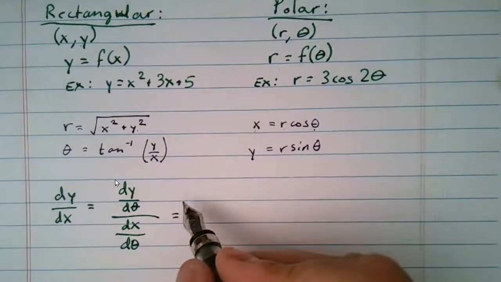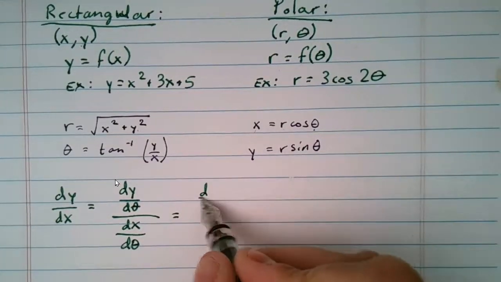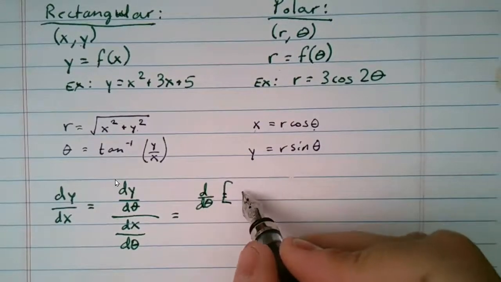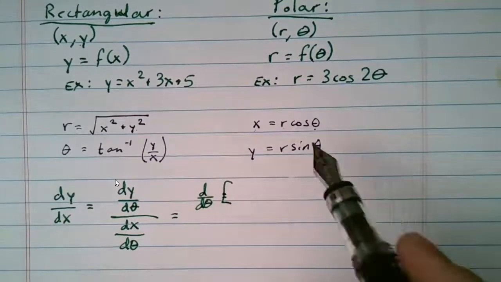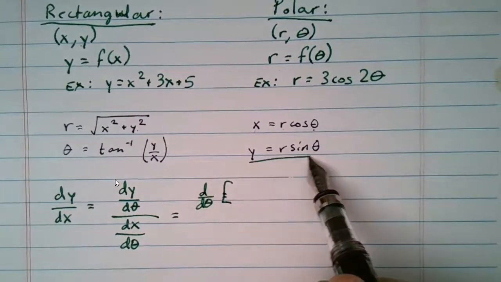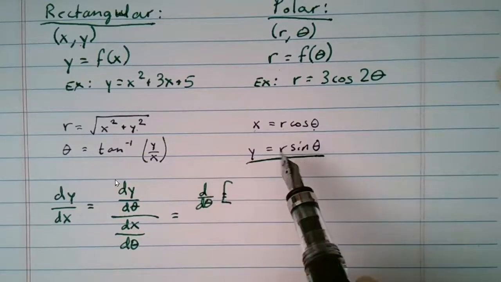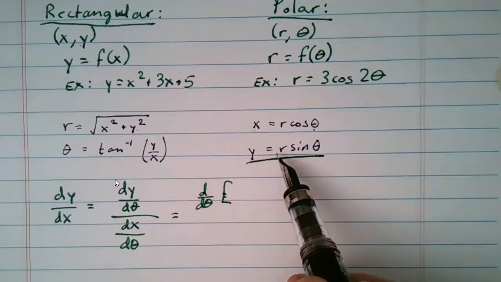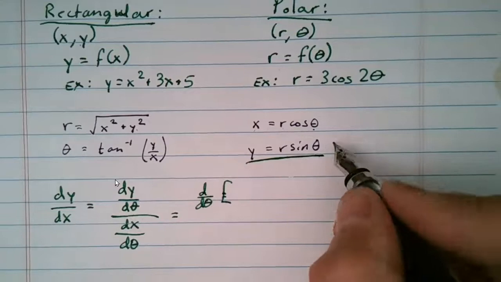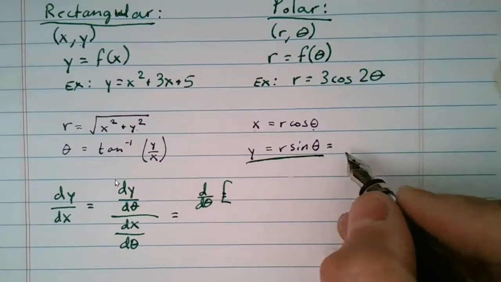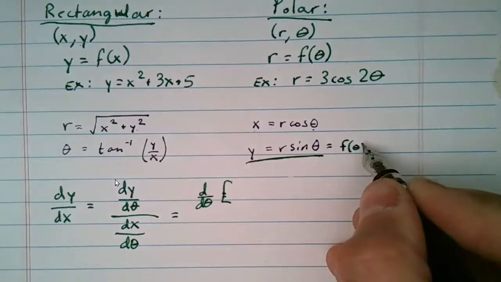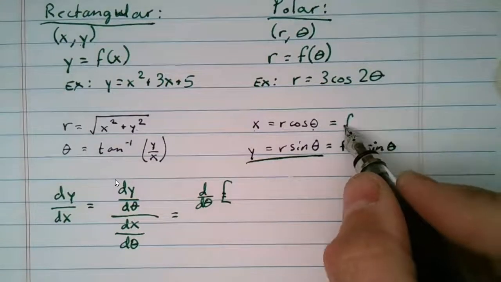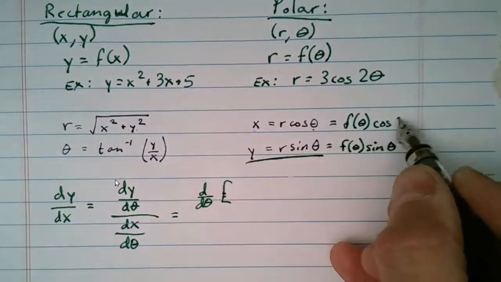Now, dy d theta would be d theta of, and I'm going to use the product rule, and what I'm going to do is define this as y. Instead of calling it r sine theta, I'm going to call this f of theta times sine of theta, and I'm going to call this f of theta times cosine of theta.